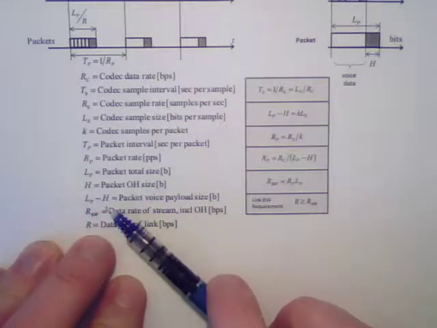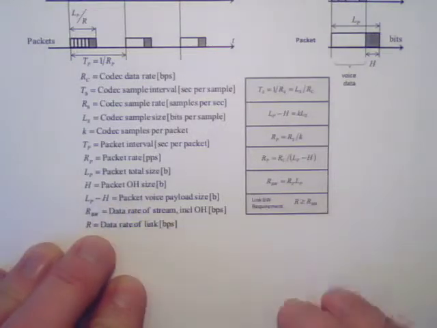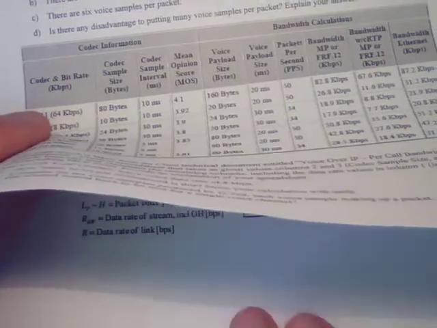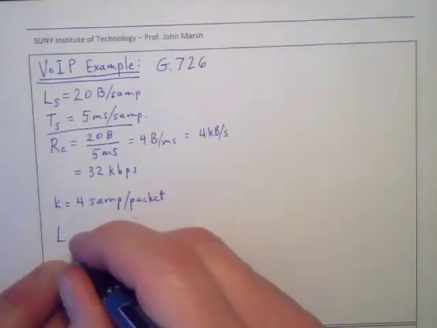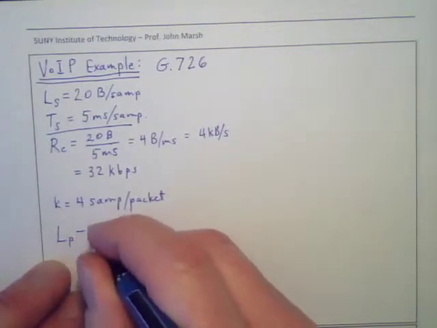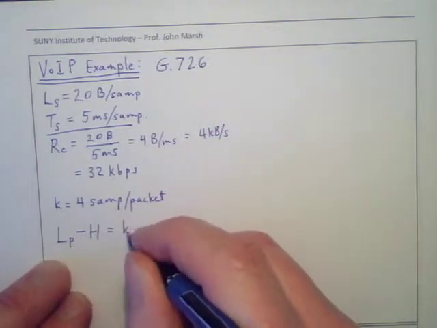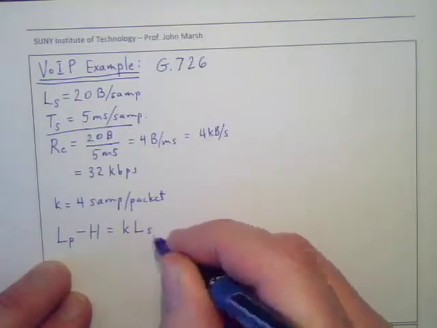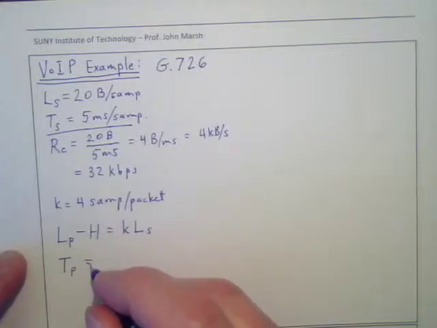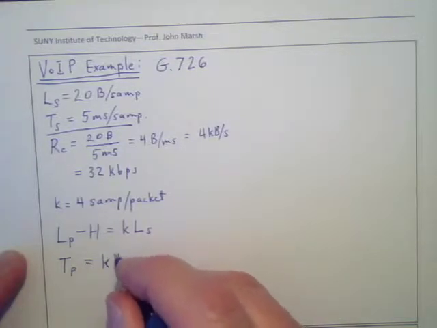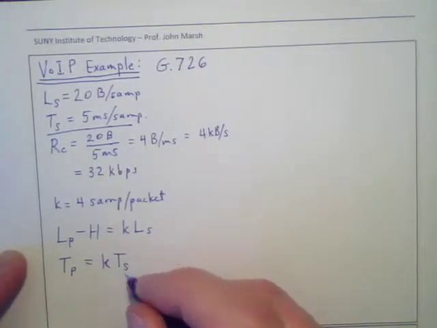So it's LP minus H that is the length of the voice payload of the packet. It's straightforward. The length of the packet minus the header is K times the length of a sample, and the packet period is K times the time of a sample.